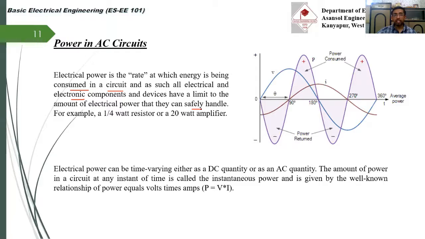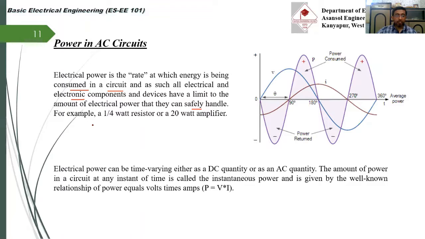Just like the electric bulb, a wattage is written on the glass, that is either 20 watt or 40 watt or 10 watt. What does that watt mean? That watt means that it will consume 20 watt active power.